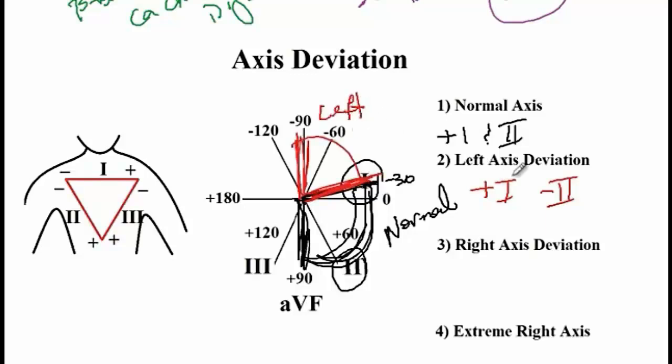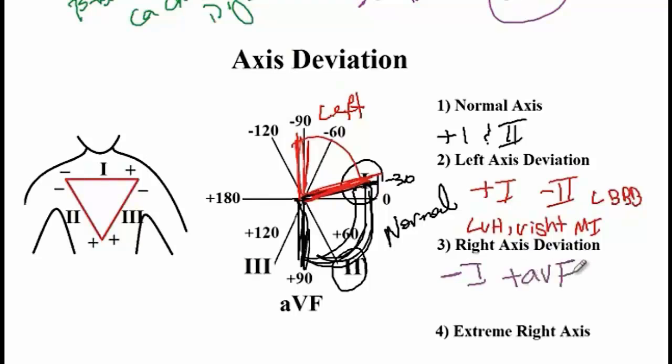Conditions that usually cause left axis deviation include, for instance, left ventricular hypertrophy, right-sided myocardial infarction, or left bundle branch block. For the right axis deviation, we have a downward QRS in lead 1 and an upward QRS in aVF, and that corresponds to positive 90 to positive 180.